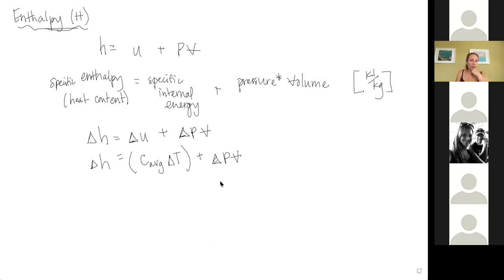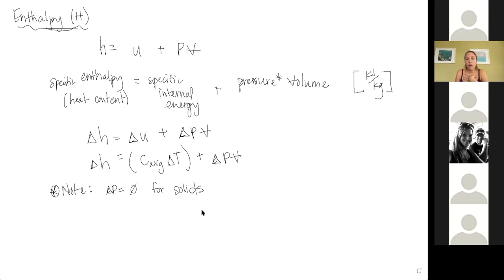And for many solids, a lot of times your change in pressure is equal to 0, which makes sense, right? If you have something like a sheet of metal, you're not really having a strong change of pressure in that metal. So your delta H term also becomes just this C average times delta T. So you can see how important specific heat is as a term.